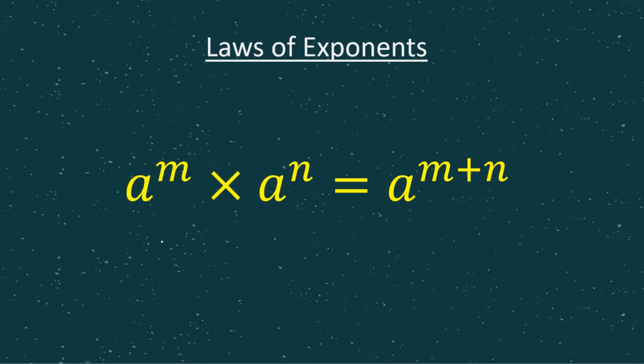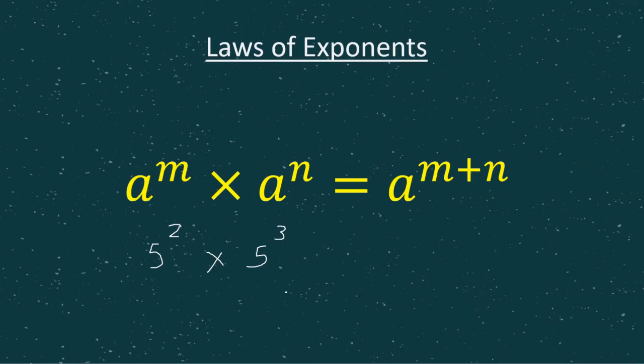So if I say 5 raised to power 2, so 5 square, and I multiply it by 5 cube, here our a value is 5, m value is 2, and n value is 3.